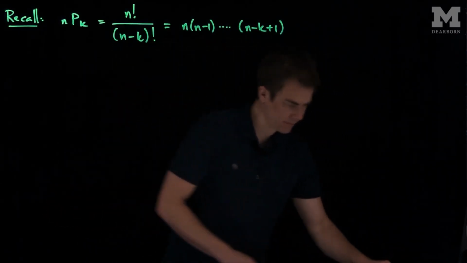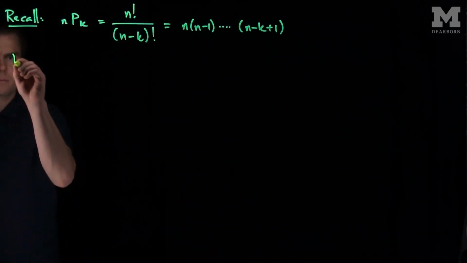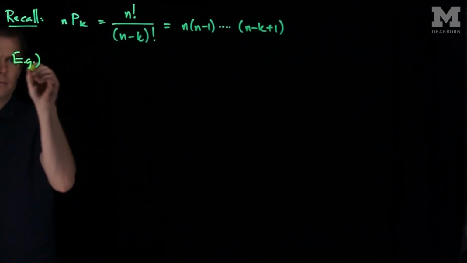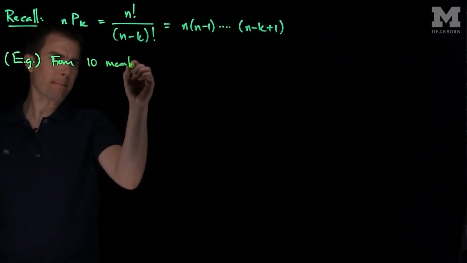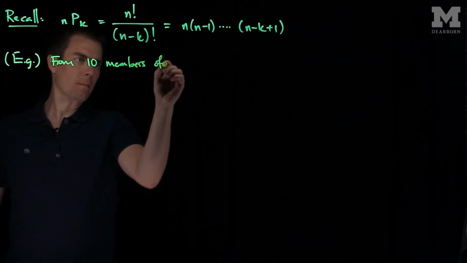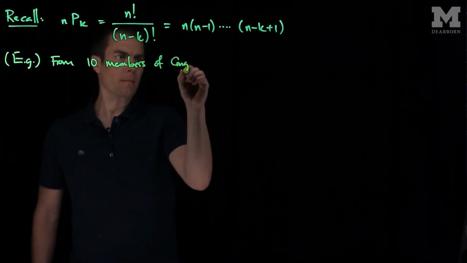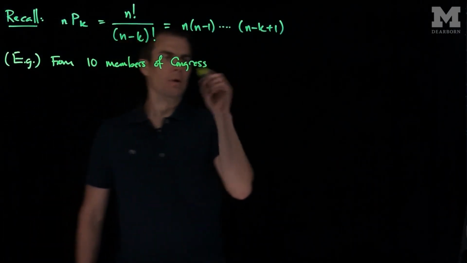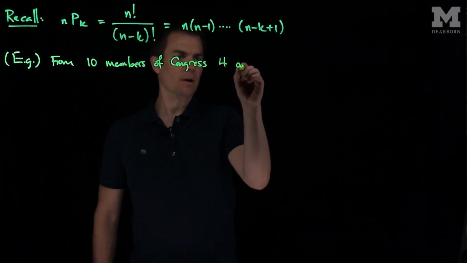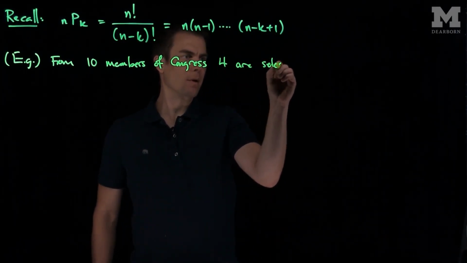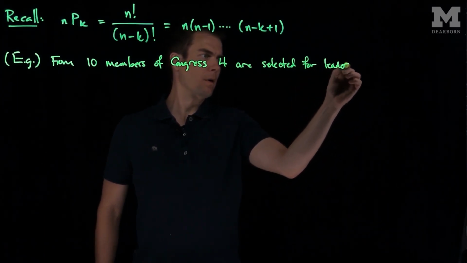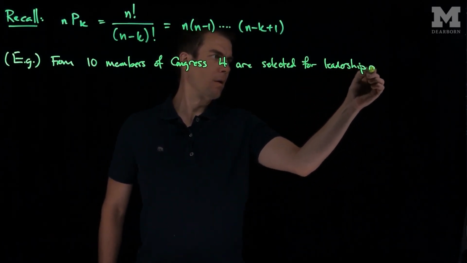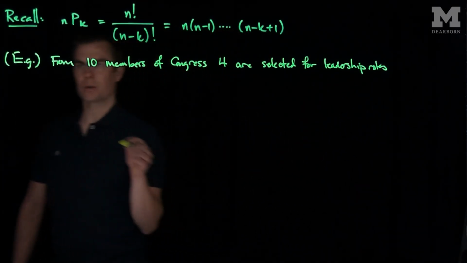So here's the first example. From 10 members of Congress, four are selected for leadership, with no repetition.